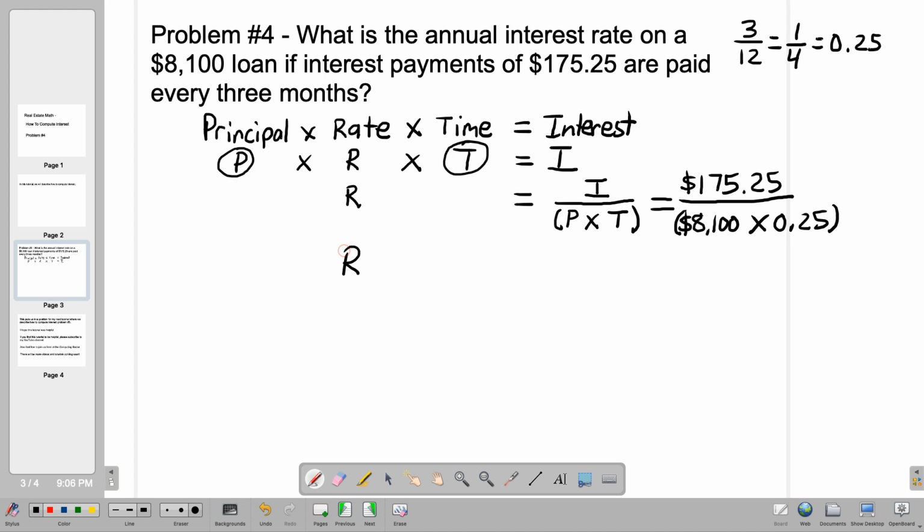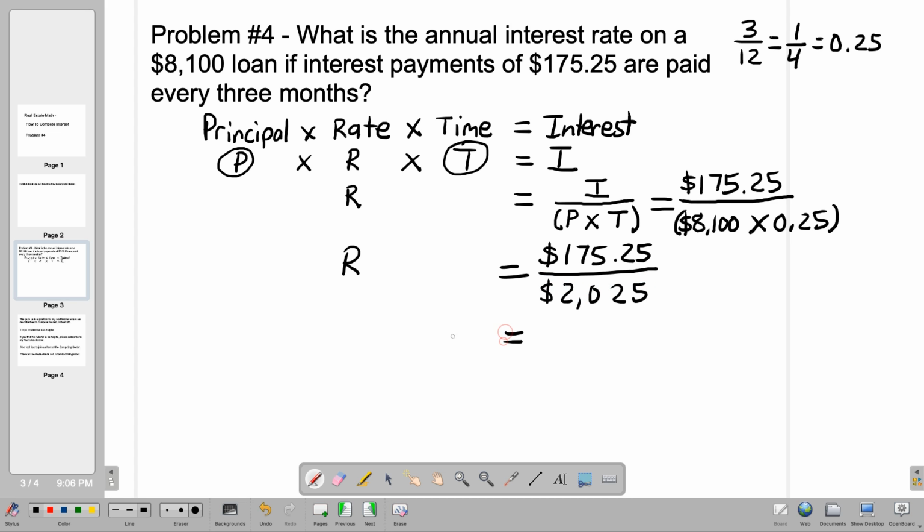And so let's simplify the equation. We're still trying to solve for the rate, and so we have the value 175.25 over the denominator, and that value is 8,100 times 0.25, which gives us a value of 2,025.